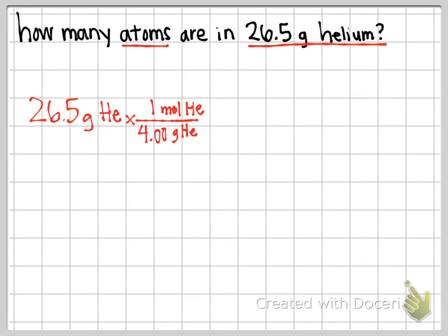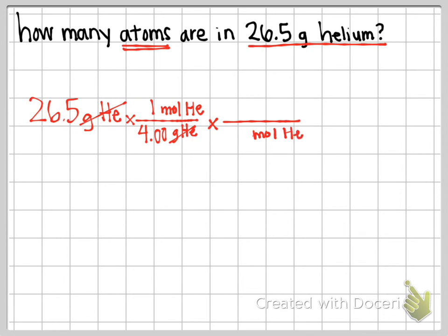If you look now and cross out your units, what's on top and on bottom cancel out. So right now, if you finish this problem, your answer would be in moles of helium. The question is asking for atoms, so you need to go one more step. Match your units diagonal, so what's on top has to go on bottom. Moles of helium.